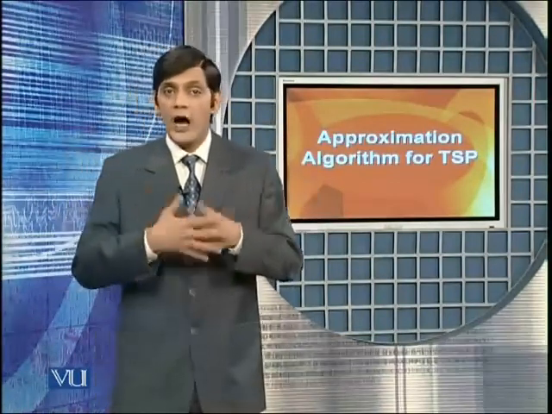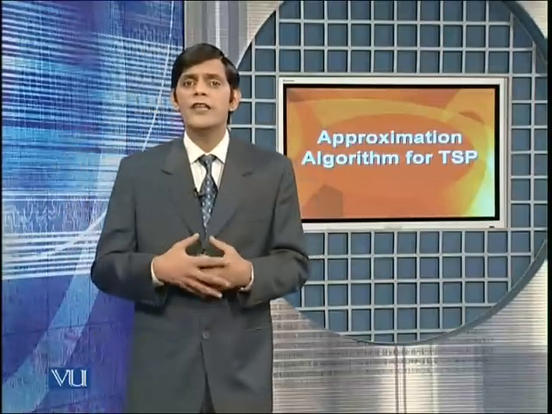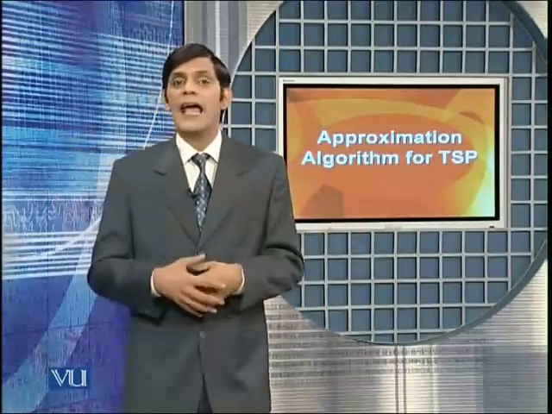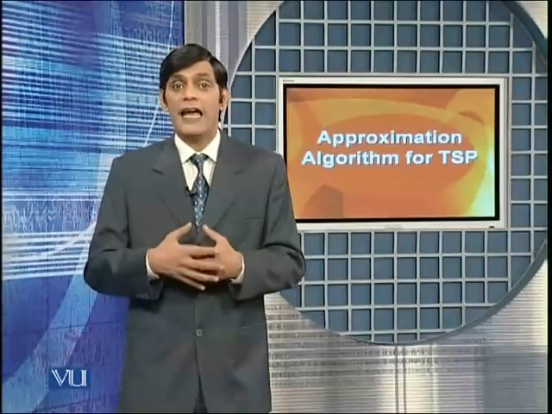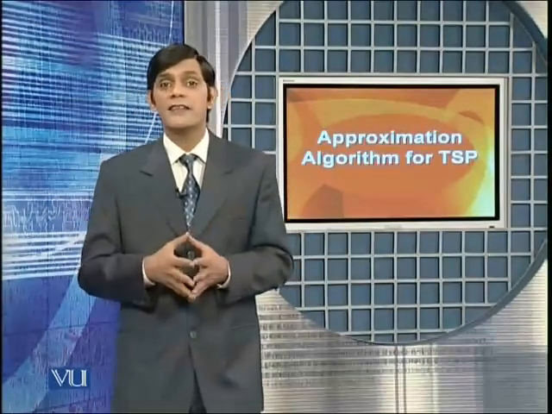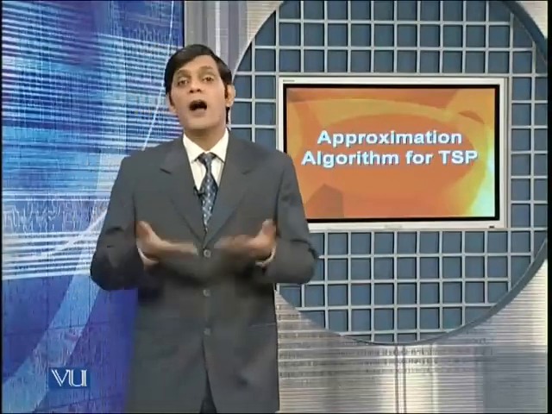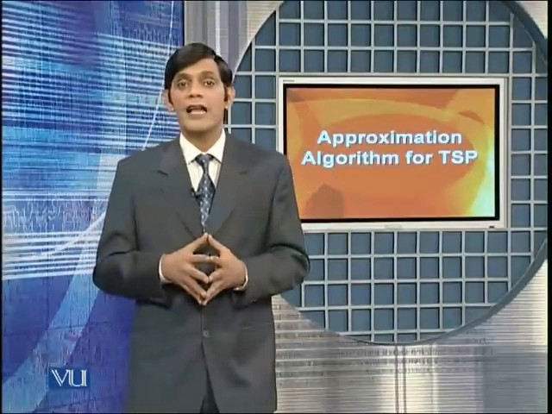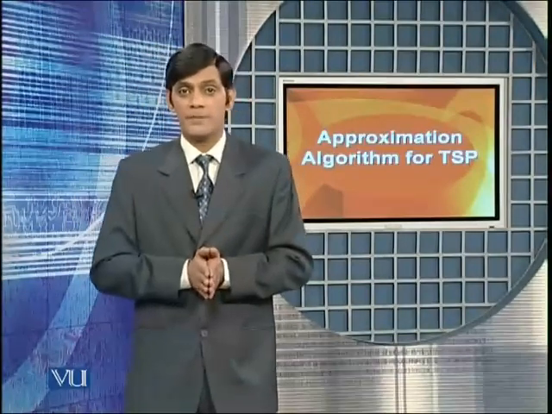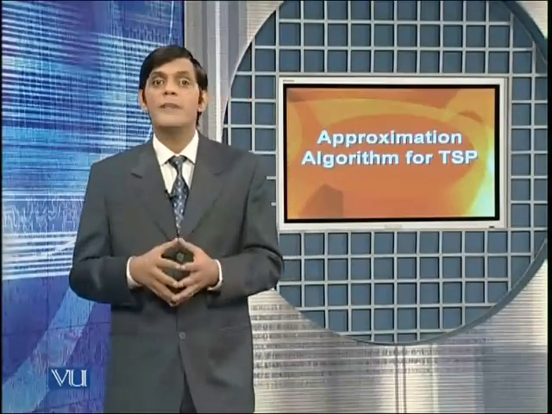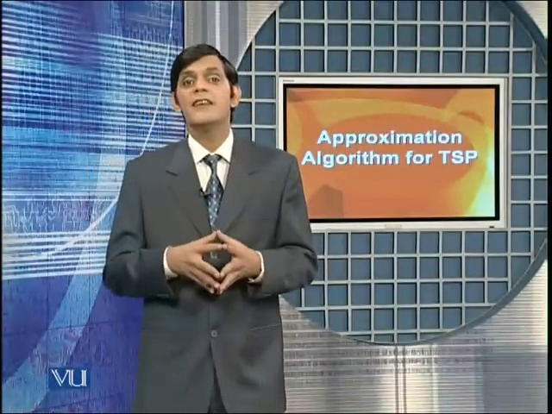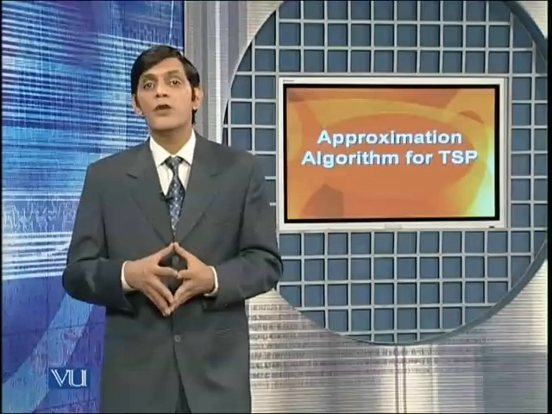So the output that you would find is going to be extremely different. It can blow up by as much as you want. One can make examples where it blows up arbitrarily large. Thus, this does not give you an approximation algorithm for the general TSP problem. But because the metric TSP problem satisfies this very nice inequality, therefore it does give you a two approximation algorithm.